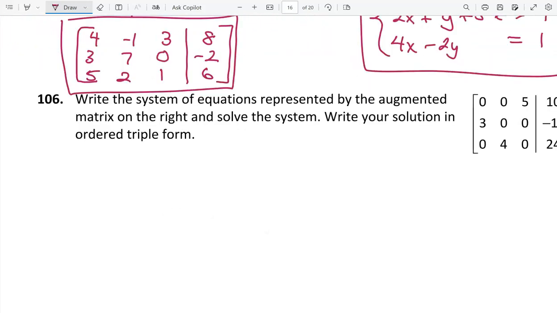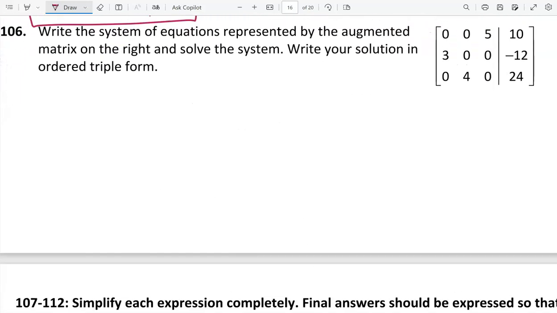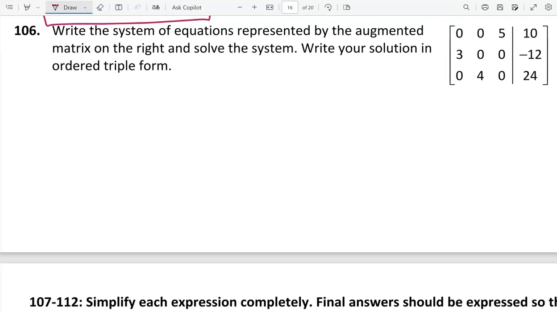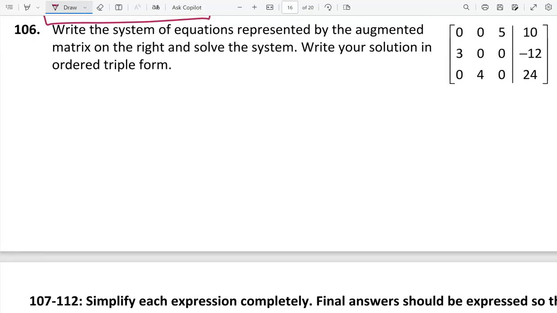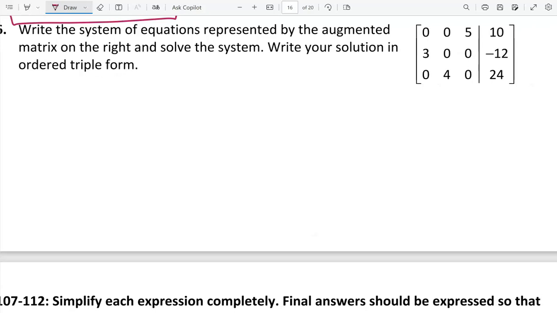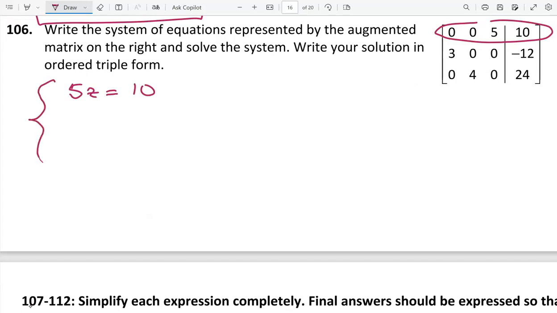All right, in 106, we have an augmented matrix. And this one, we're actually asked to solve the system and write the solution in ordered triple form. So the first row is 0x plus 0y plus 5z equals 10. So 5z is equal to 10 is really the first equation.